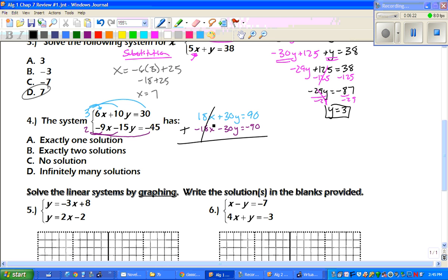So let's add those up. Well, the x's cancel out, the y's cancel out, so we're left with 0 and 0. So if 0 equals 0, our answer for this would be infinite solutions.